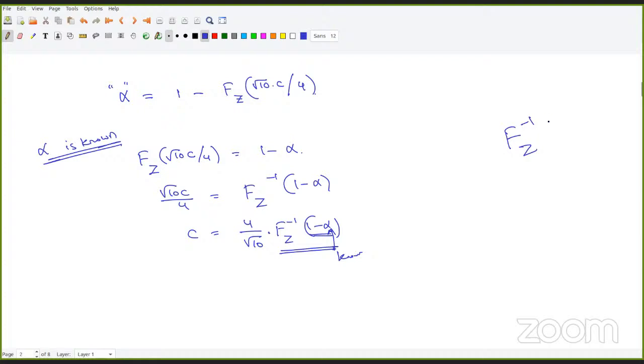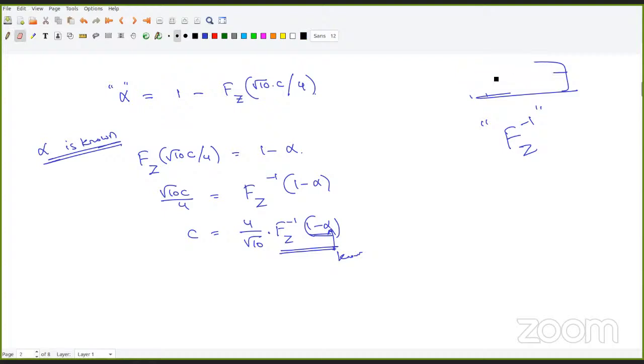Do we know this? Sir, from the normal table, inverse normal. Yes, from the normal table. We will give you the normal table also. Sir, better if you can explain Fz inverse.